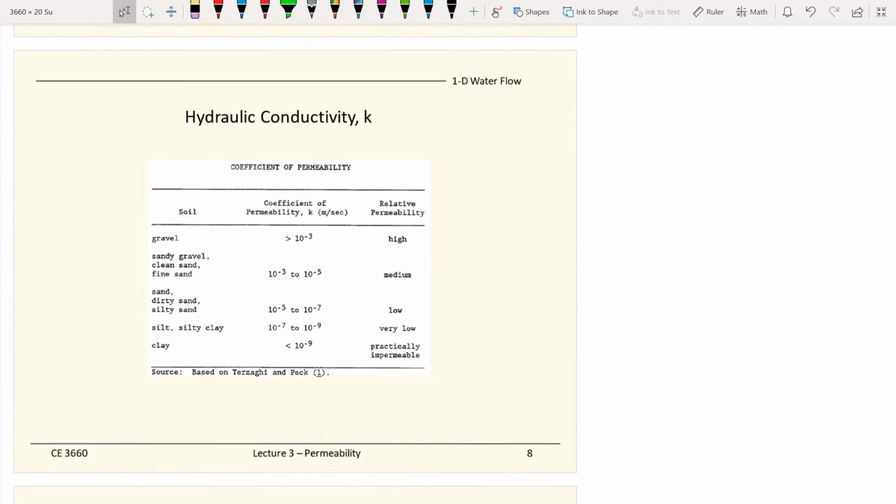And speaking of the hydraulic conductivity, the K can sometimes be expressed as the coefficient of permeability. So hydraulic conductivity and coefficient of permeability, we also reference as the K value, and it highly depends on the soil type. You can imagine two extreme cases.